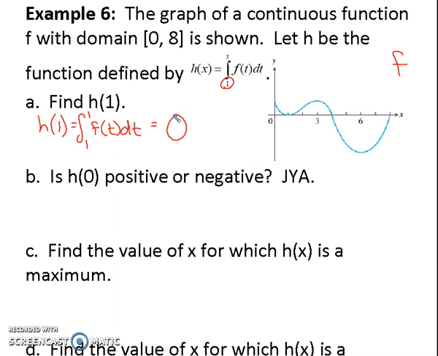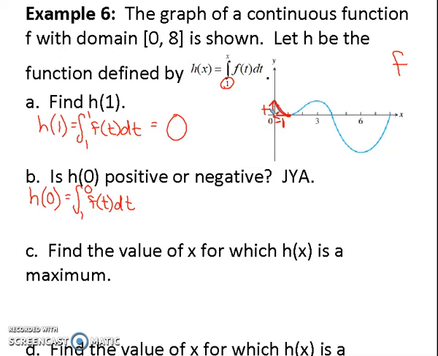Then we have, is h of 0 positive or negative? Well, again, if we think about substitution, h of 0 is going to be the integral from 1 to 0 of f of t dt. So if I go from 1 backwards to 0, that's going to be a -1 in the x direction. And I don't know exactly what all these heights are, but they're all positive.